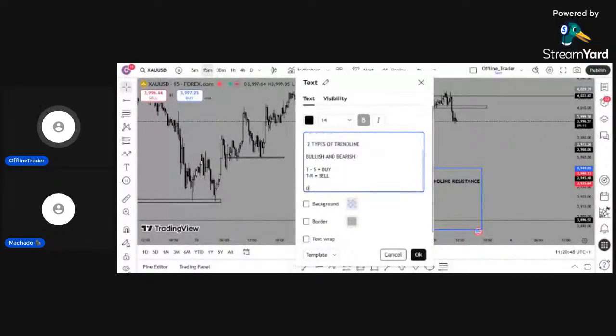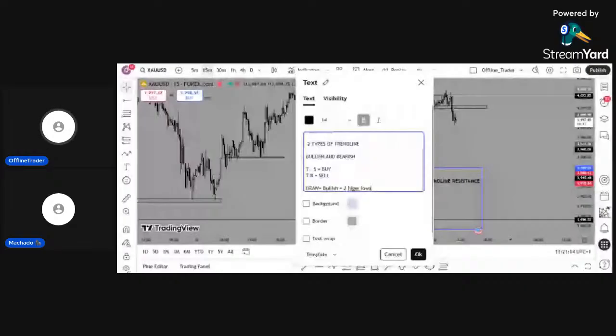So how do we draw the trend line? Since we have the bullish and the bearish trend line, for the bullish trend line we need two higher lows. So when we are drawing the trend line in an uptrend, we only need the lows. We don't need the highs.